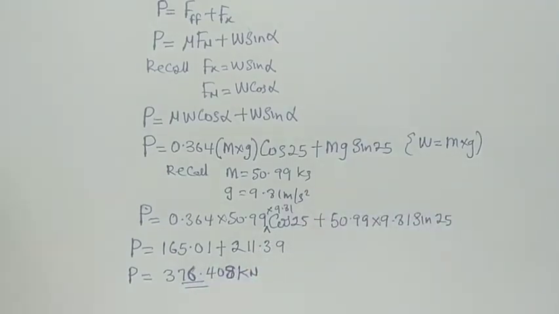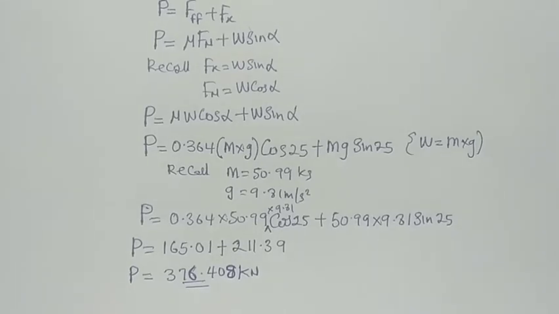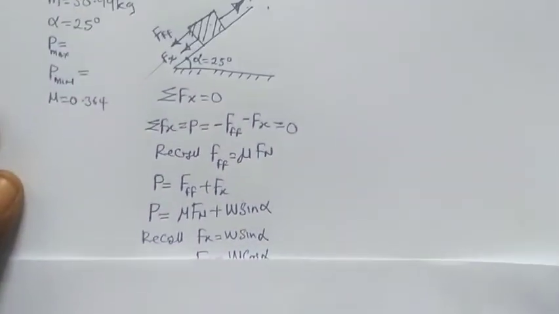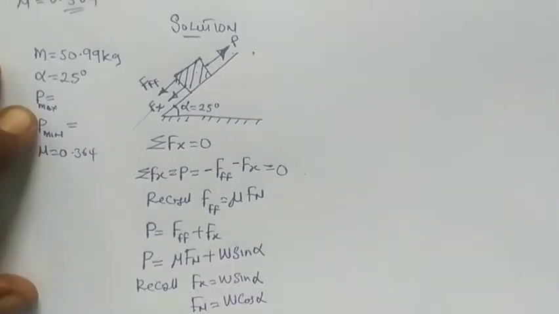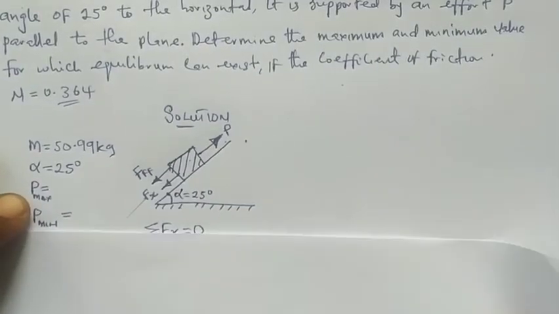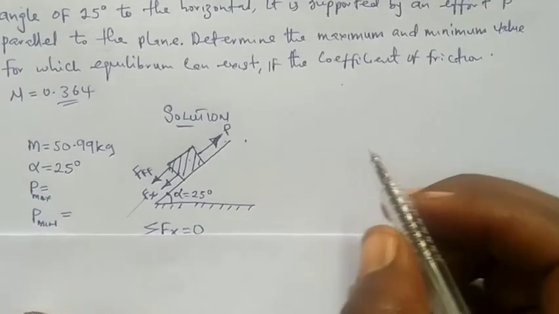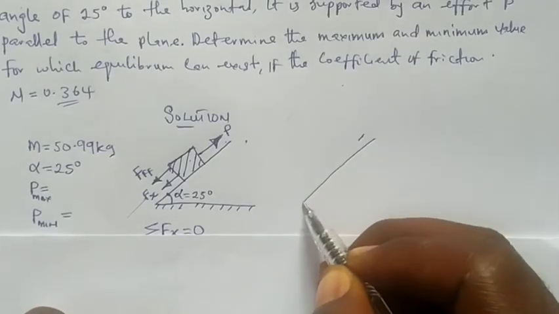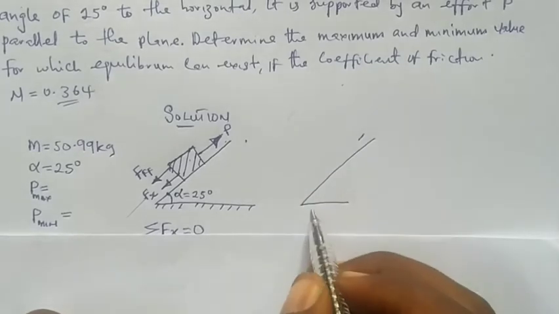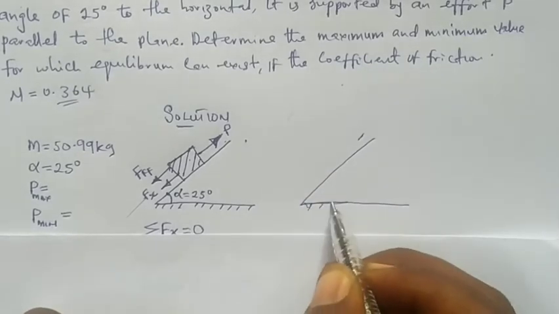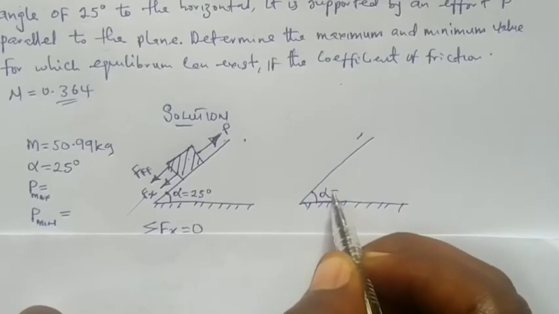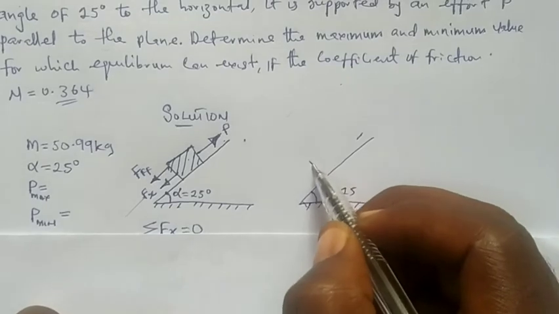Now we will look at the minimum value of P. So this is the horizontal floor here, and the angle alpha equals 25, and we have an object up.